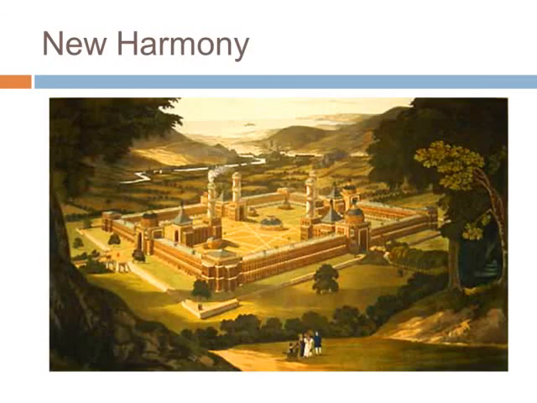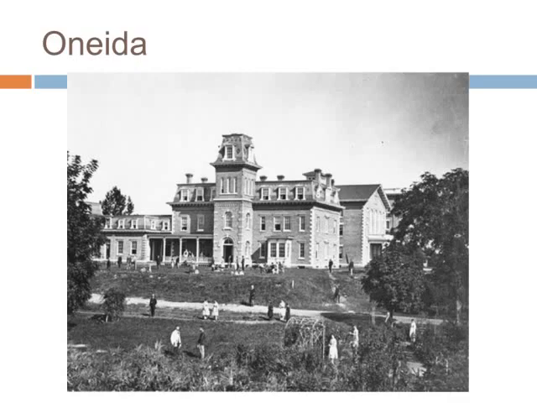Yeah. New Harmony, society based on what? Communal living and sharing. Communism, yes, but we don't call it communism yet. Cooperative sharing. We share all the resources. Created by who? Robert Owen. Oneida, led by who?